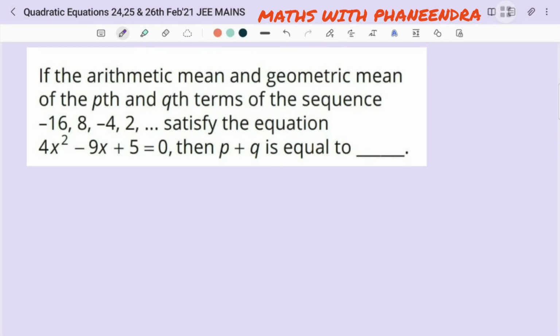The next question. If the arithmetic mean and geometric mean of the pth and qth terms of the sequence minus 16, 8, minus 4, 2 and so on satisfy the equation 4x square minus 9x plus 5 equal to 0, then p plus q is equal to.